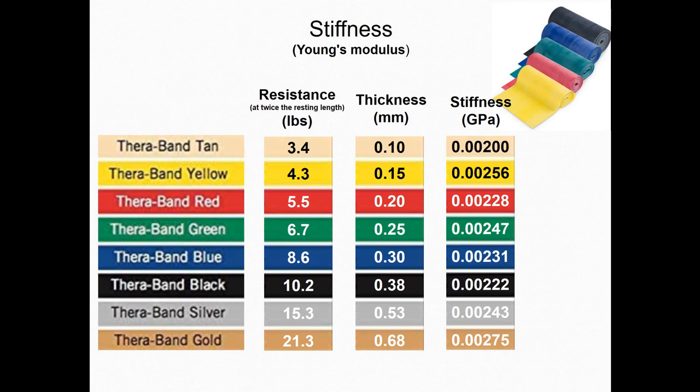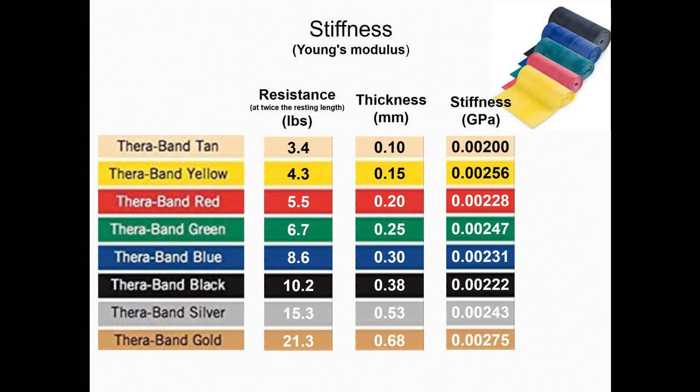To make an everyday clinical connection when we're talking about stiffness, here we see some of the mechanical properties of different colors of TheraBand that you might end up using in the clinic. In the first column, we see the resistance created by each TheraBand when we stretch it to twice its resting length. Notice that the changes in resistance are much greater than the changes in stiffness.